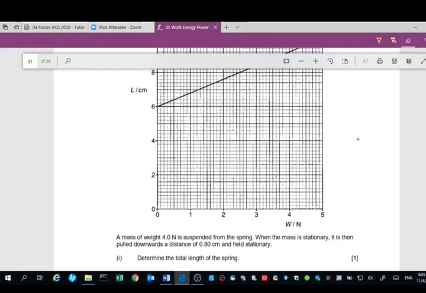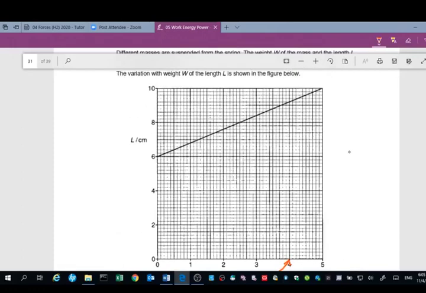So the weight here is 4 Newton. All you need to do is look at this point here, go up and read the intercept where it cuts the line, which is here. Then you read off from here, it is about 9.2 cm.